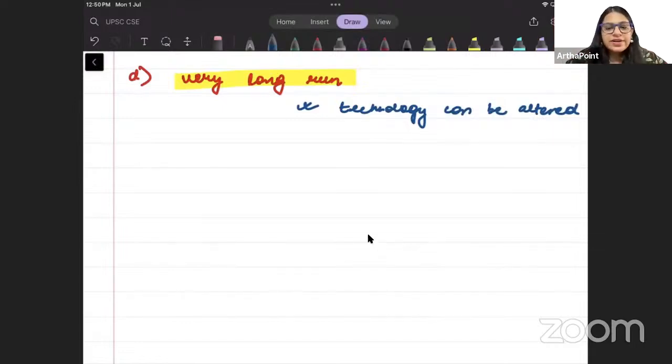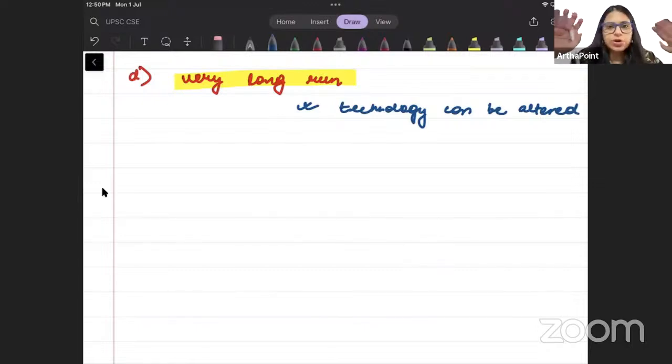So Marshall went ahead and he divided the periods in 4 parts: very short run, short run, long run, and very long run. Okay. Now what we need to do is understand production function. तो हमने last class में पढ़ा.